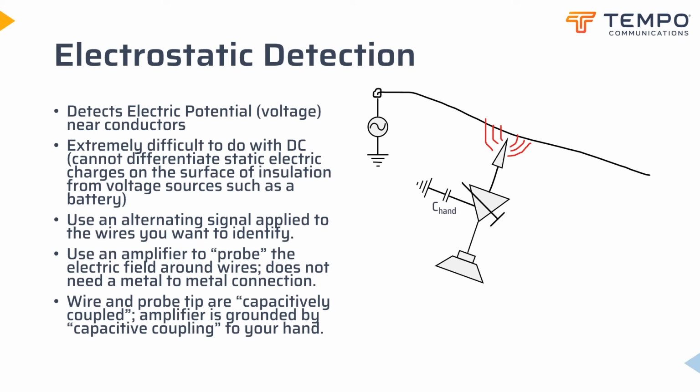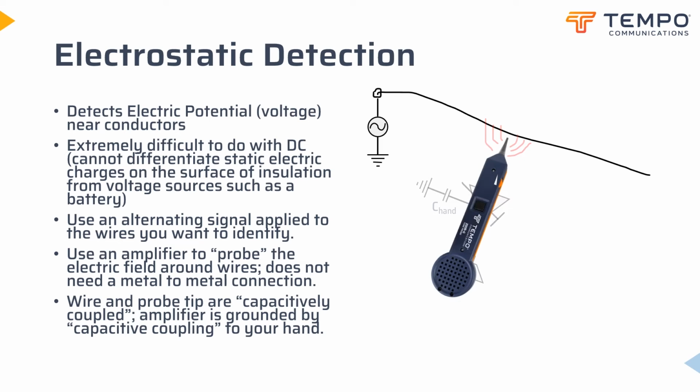That potential creates an alternating electric field around the conductor. The tip of the amplifier or probe is conductive and senses the electric field around the conductor. Direct contact is not needed. You can detect the potential of the electric field outside the wire's insulation, for example.